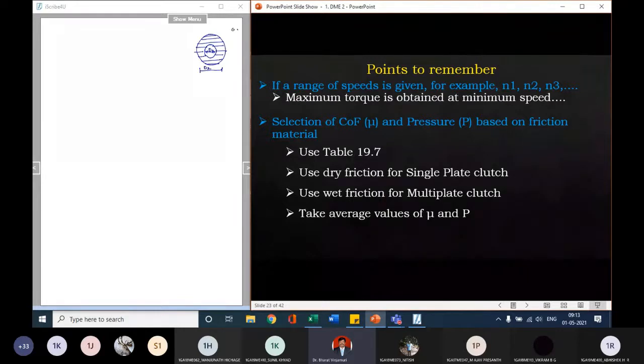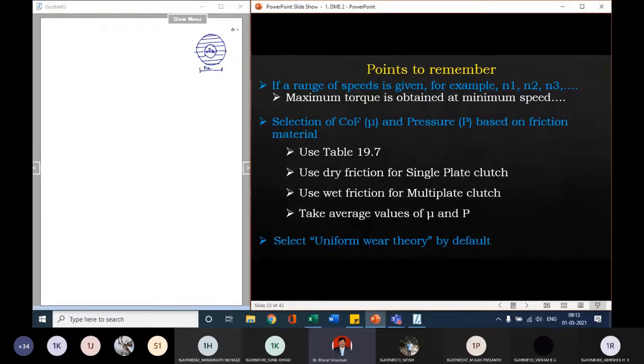There will be a series of values. Let me say mu is equal to 0.2 to 0.5. Then you will be taking the average value of mu, as well as the average value of P. If there is only a single value, you will take the same value. But if you have a range, then you will select the average value. This is the next point which you are supposed to remember while solving it.